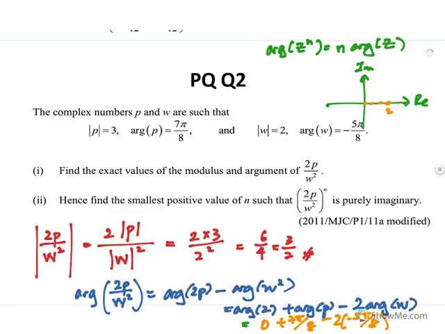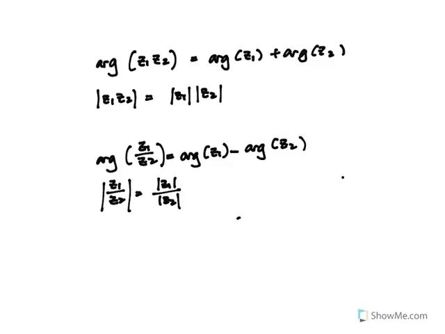Let me rewrite it on the left hand side. The argument of 2p over w squared is the same as 0, the argument of 2, plus the argument of p, minus 2 times the argument of w.